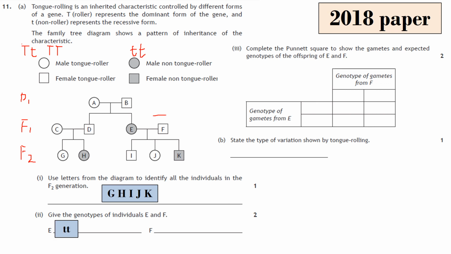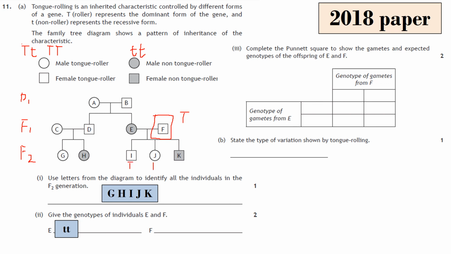Then you've got F. F is over here, and is a tongue roller, which means it must be one of these. So it's definitely got a T. Remember, genotype is when they ask you for the letters. So the second allele must either be big T or small t. To find out, we look at the children. That one has got a big T, definitely.